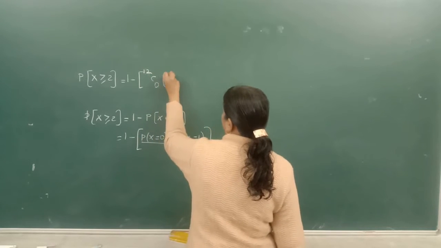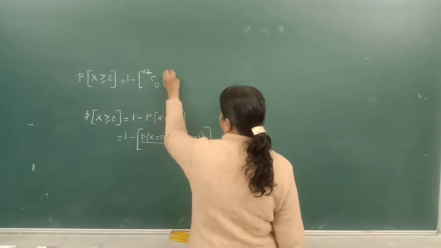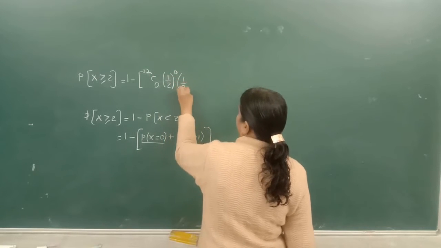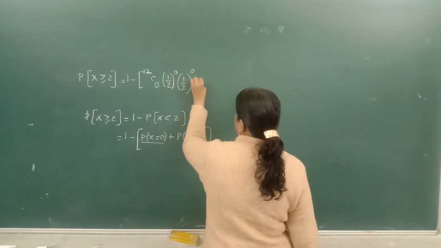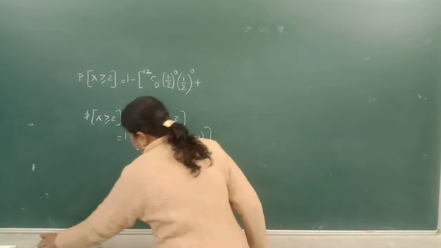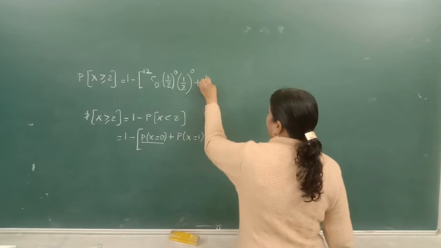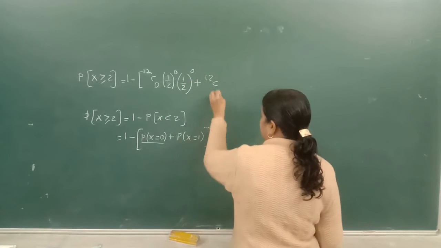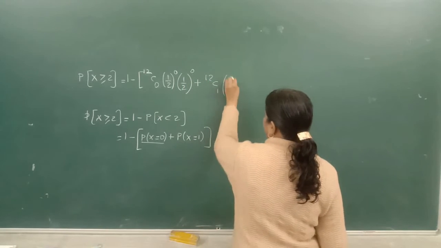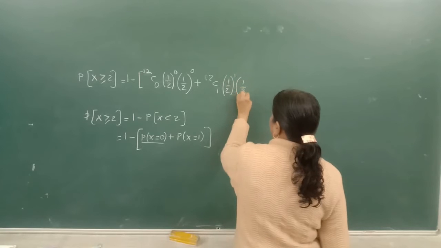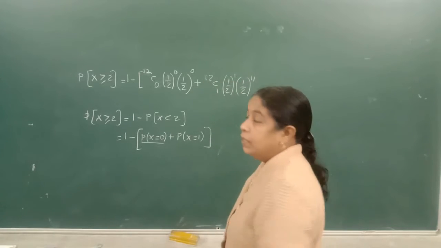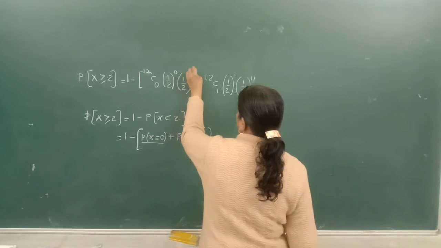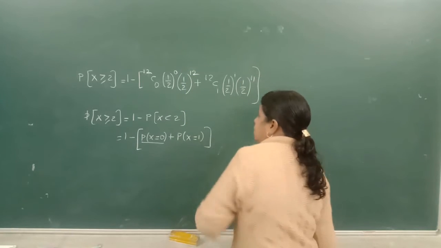P to the power means P is 1 by 2 to the power 0. So 1 by 2 to the power what will come? 0 only. Plus what you will get in the second case? 12C1, 1 by 2 to the power 1 into 1 by 2 to the power 12 minus 1, that is 11. Here what will come? 12 minus 0, that is 12. Now you can easily calculate this.